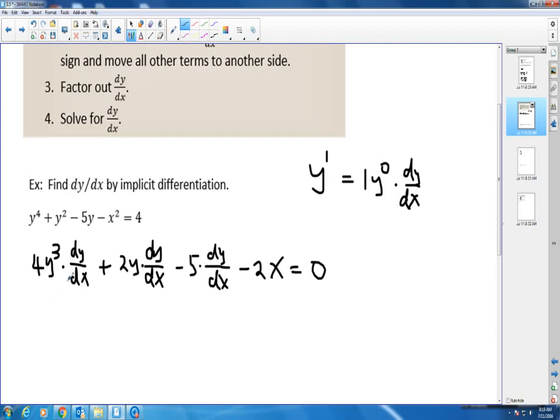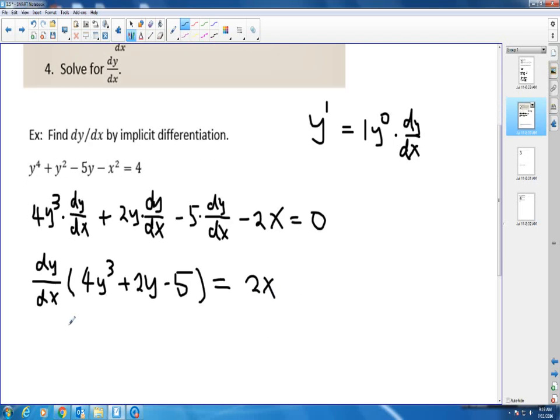Alright, so I'm going to move the negative 2x to the other side, and at the same time I'm going to factor out all these dy dx. So if I factor out the dy dx on the left side, that will leave me with 4y to the third plus 2y minus 5 equal to positive 2x, moved over to the right side.